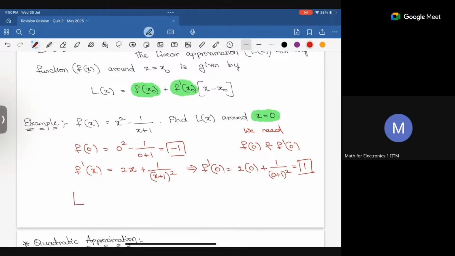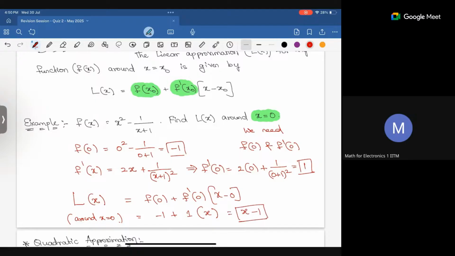All we have to do is to substitute. So the linear approximation around x equals 0 will be f of 0 plus f prime of 0 into x minus 0. F of 0 is minus 1 plus f prime of 0 is 1 and x minus 0 is x. And this will finally be equal to x minus 1. You see, the linear approximation that we got was x minus 1.